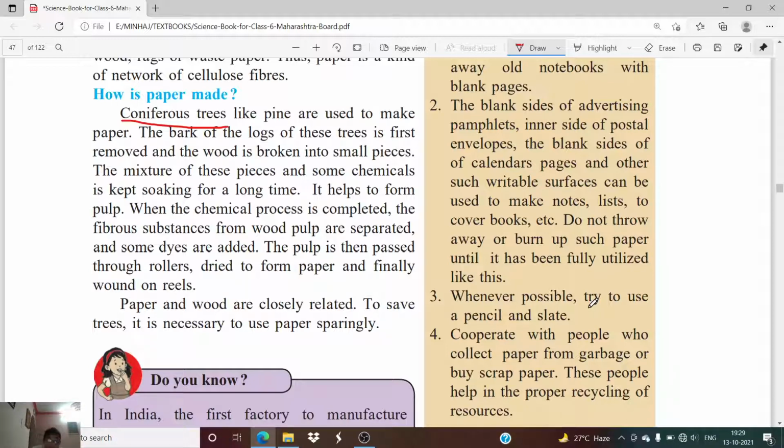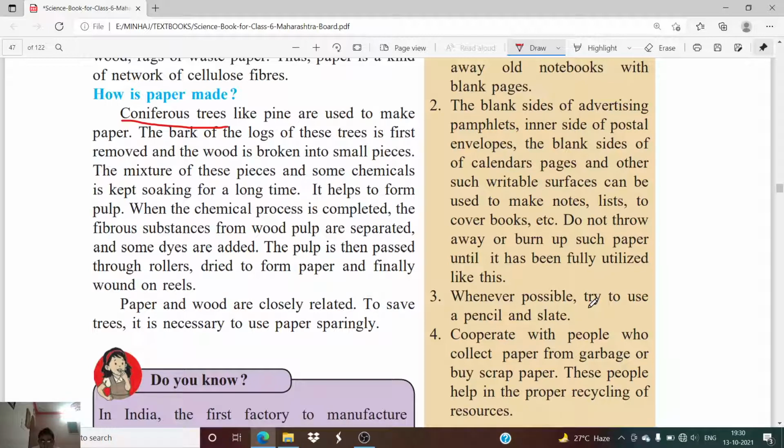Cooperate with people who collect paper from garbage or buy scrap paper. These people help in the proper recycling of resources. So, after completely using a page, we must not throw it. Instead, we must sell that paper, giving it to the garbage collector or the person buying scrap paper. Why must we give that paper to them?